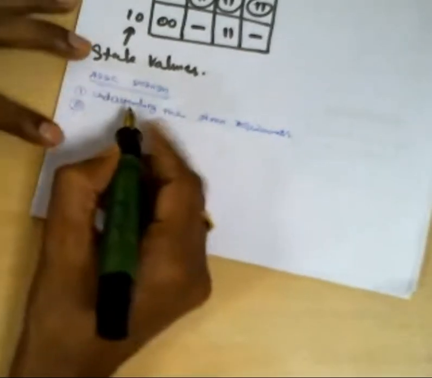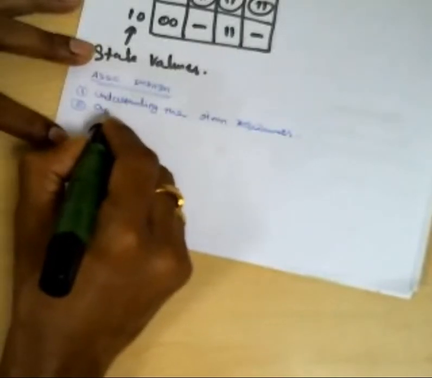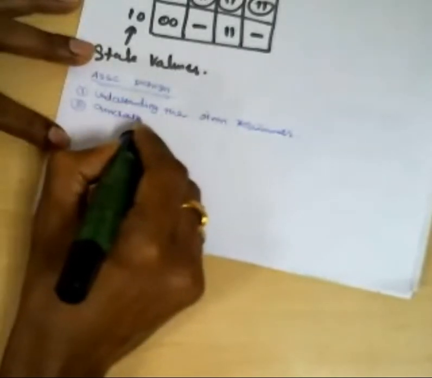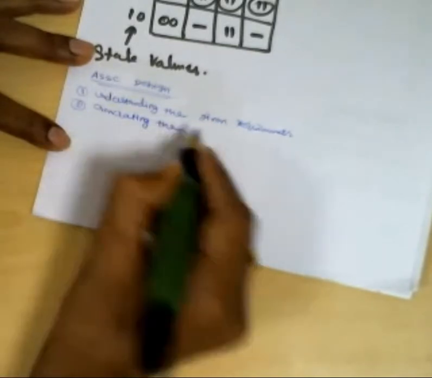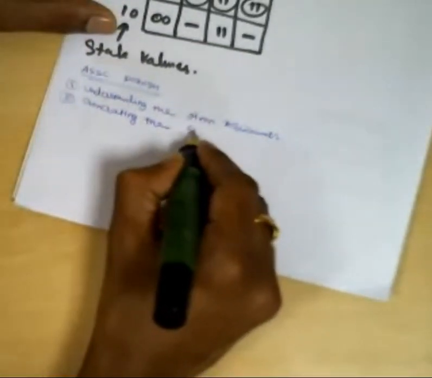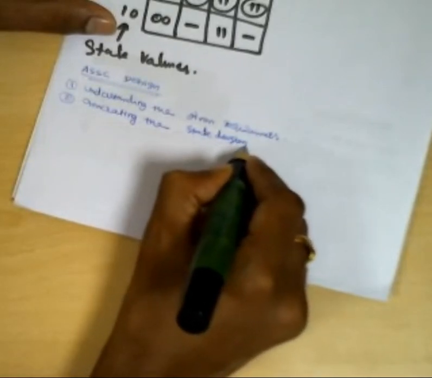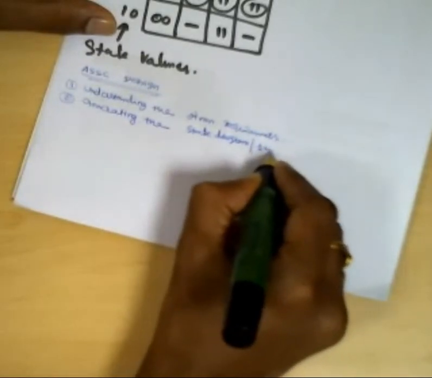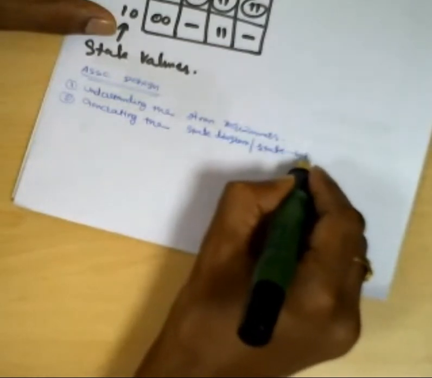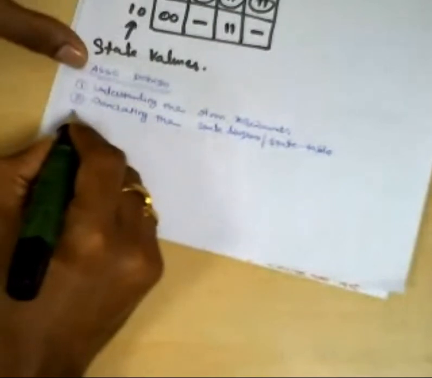Second, drawing or generating the state diagram or directly the state table, the state transition table, right?